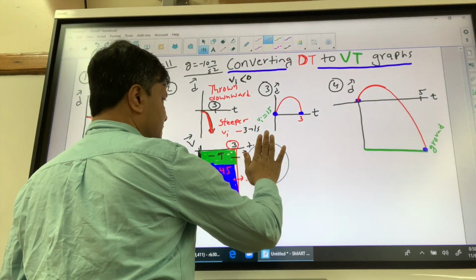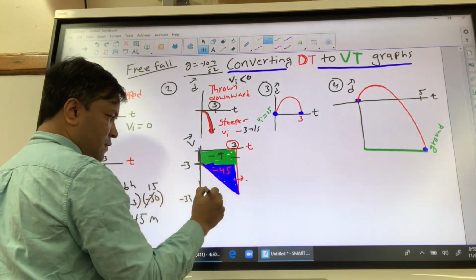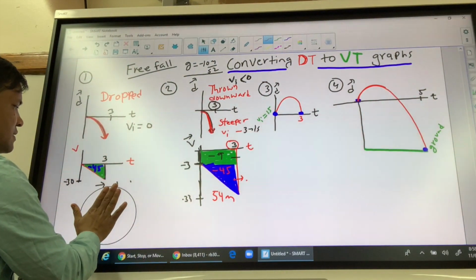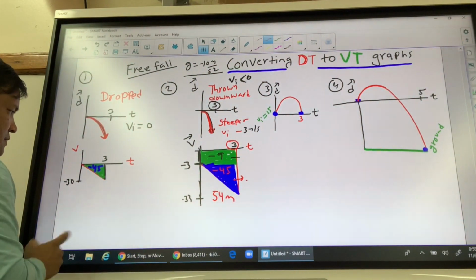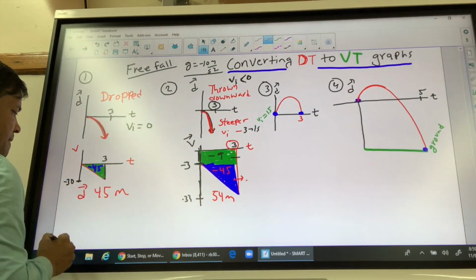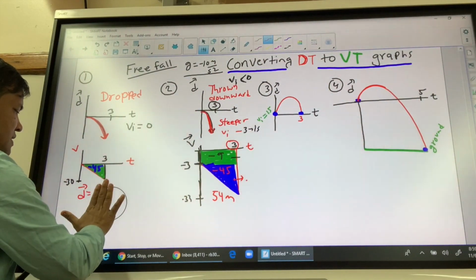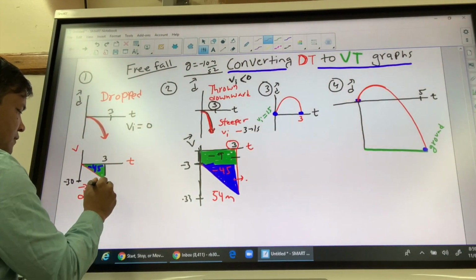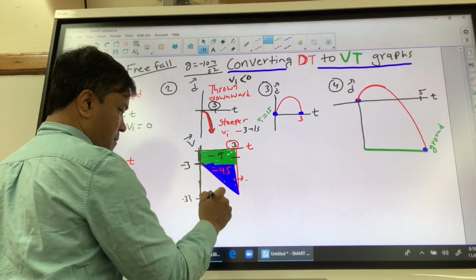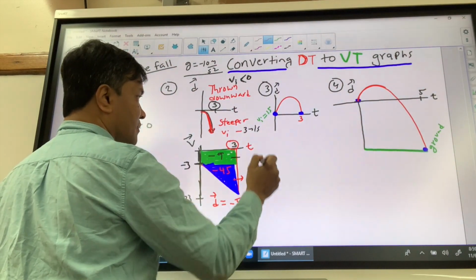You get negative 54 meters. In the previous case, you got negative 45 meters. Let's write it nicely. Negative 45 meters, and displacement is negative 54 meters.